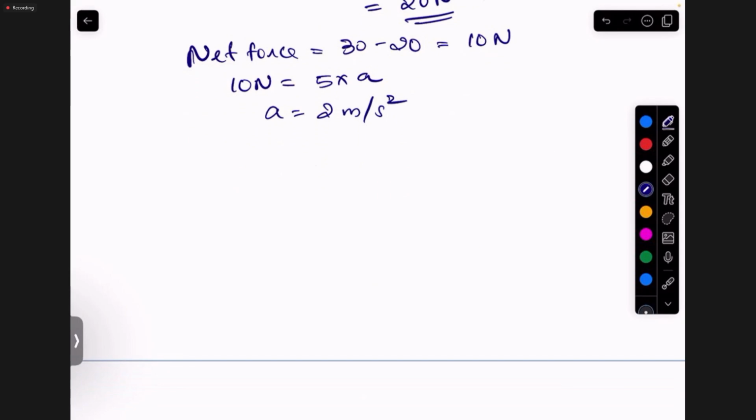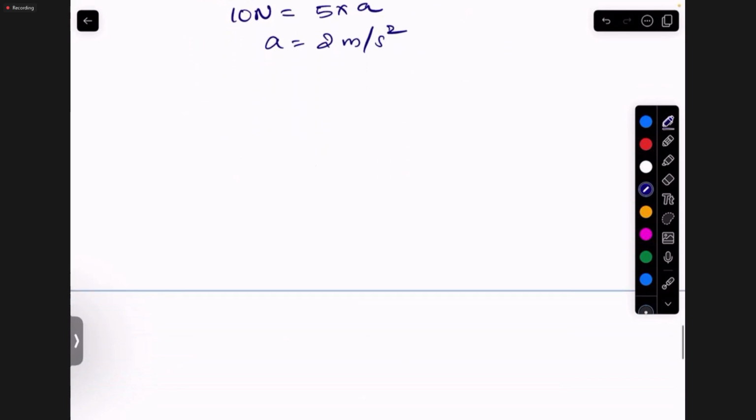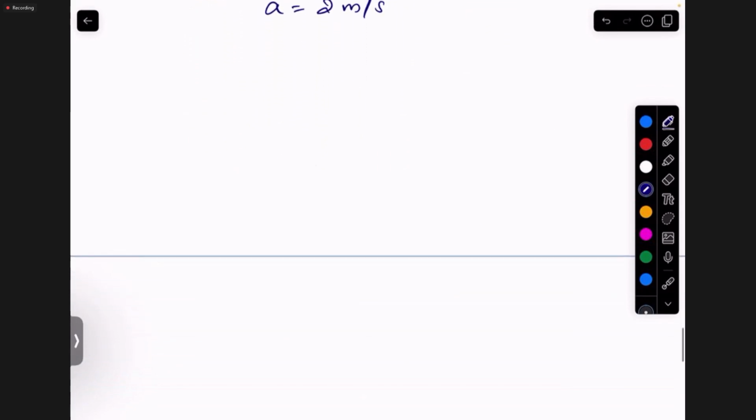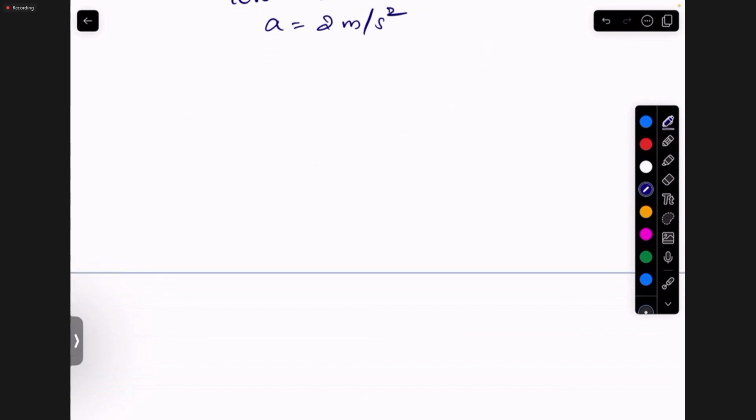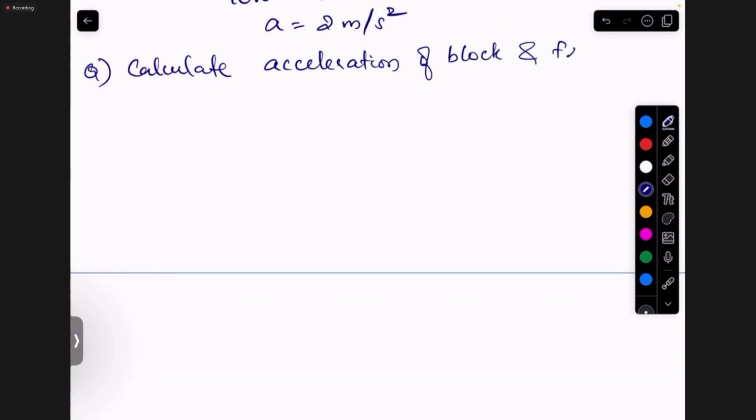Okay. Now we will just do one more problem, which is to understand the components of forces. So again, the question is to calculate the acceleration of the block and friction.